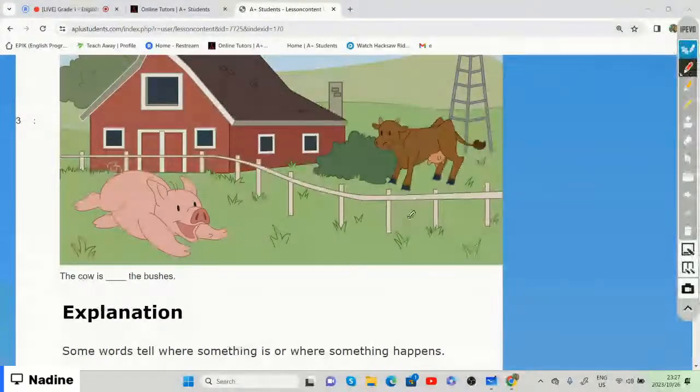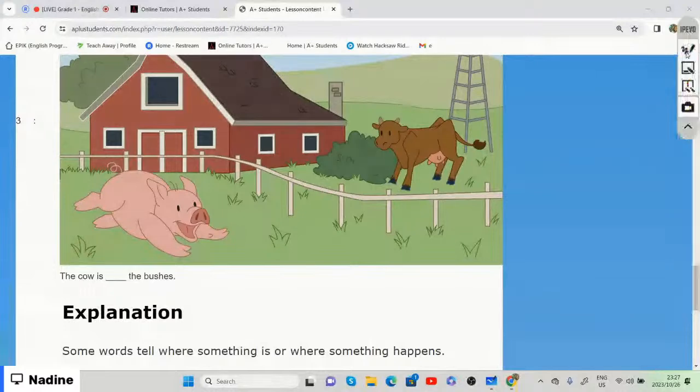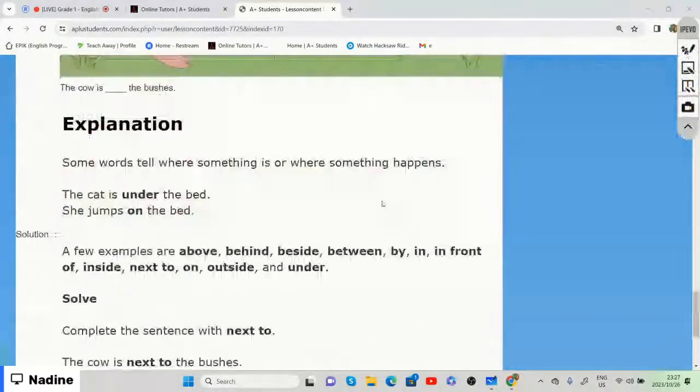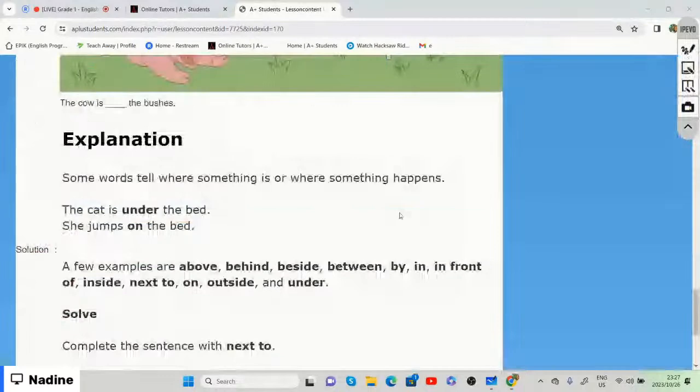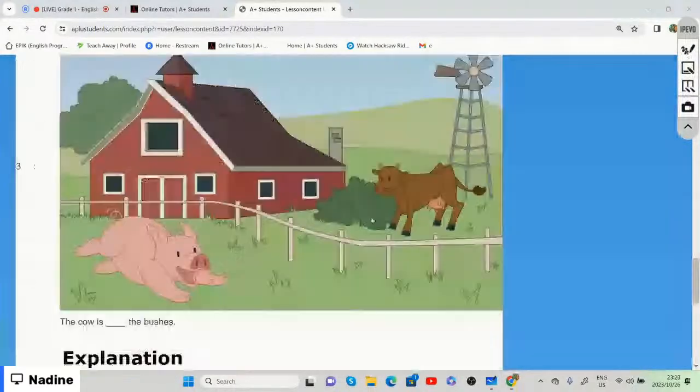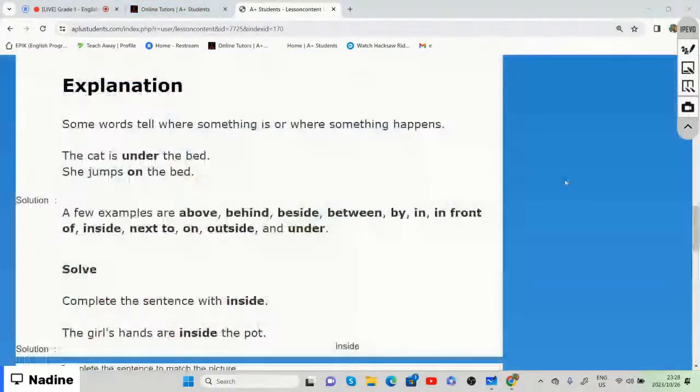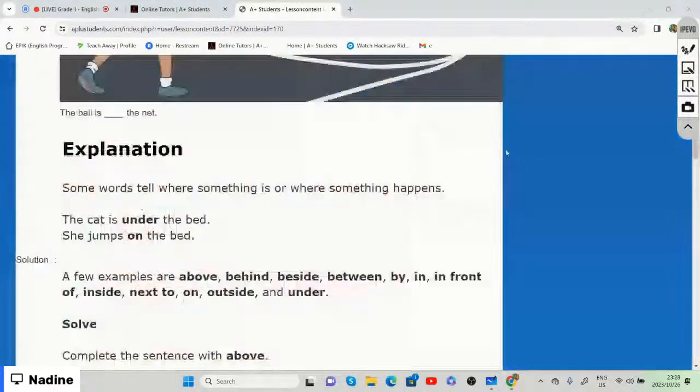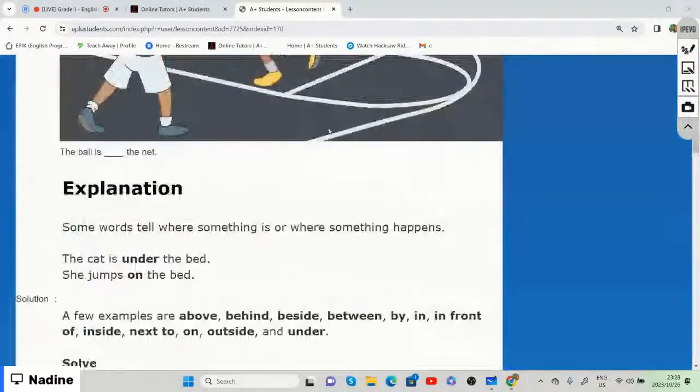All right, we're going on to the next one. And that is next to. So next to is actually the last one. Let us go to our test. So we basically showed pictures of different learners playing sports.